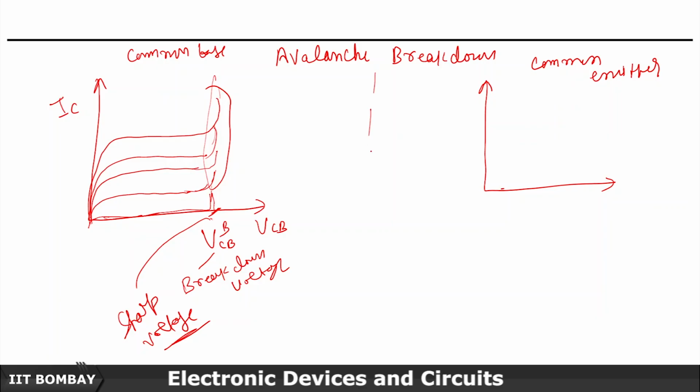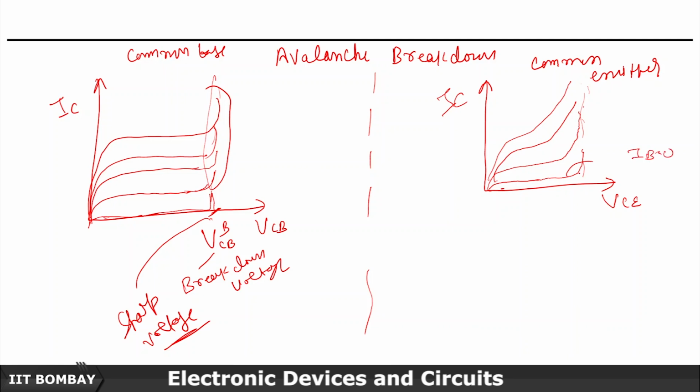Now let's talk about the case of common emitter. What happens? Here we have IC and VCE, so here you can see the situation where IB is equal to 0, and these are different IEs, and here your IBs are different.